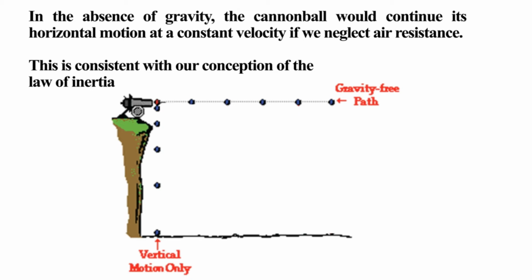On the other side is the gravity-free path, where we are looking at it in the absence of gravity. That will also be consistent with our concept of the law of inertia.